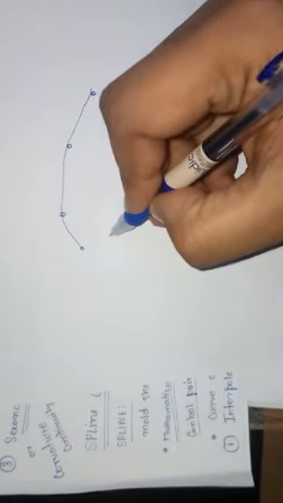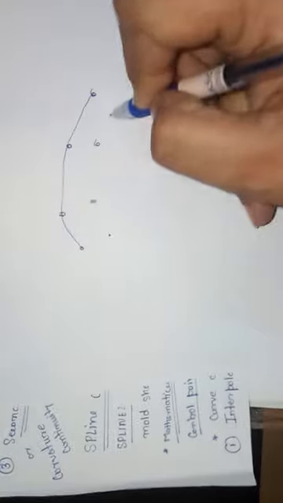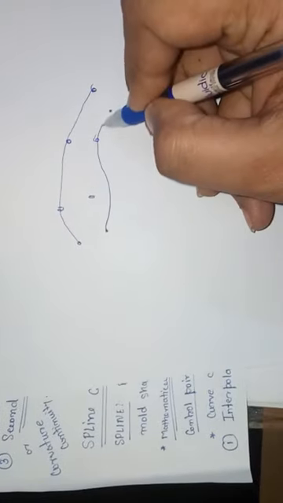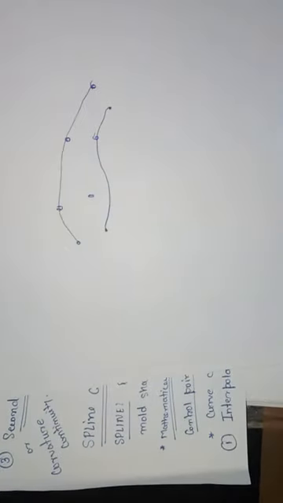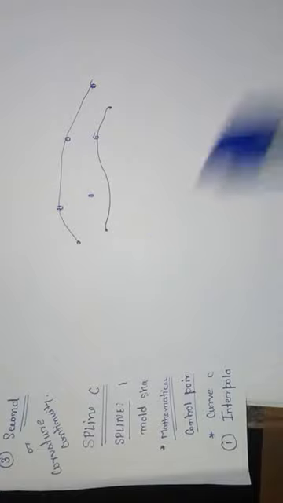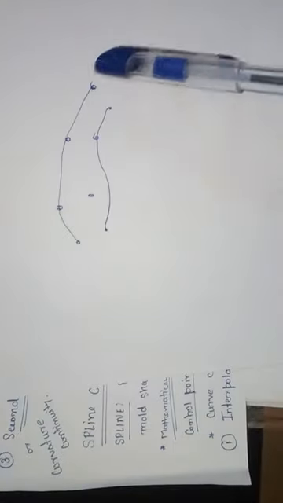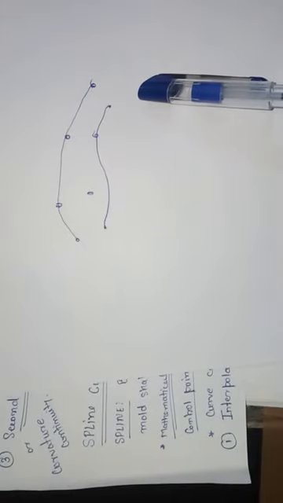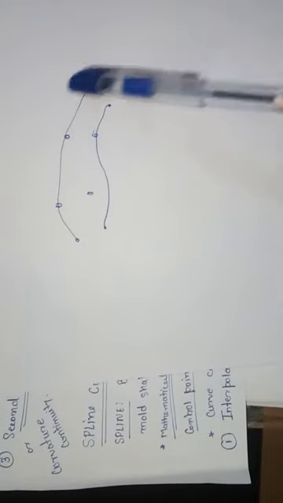And if we have these same 4 points and the curve goes like this, this type of curve is also acceptable in a spline curve. So the curve may cover all the control points or may not cover all the control points. This is the condition of the control points in the curve.